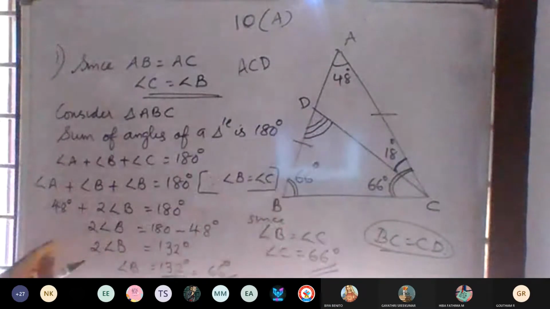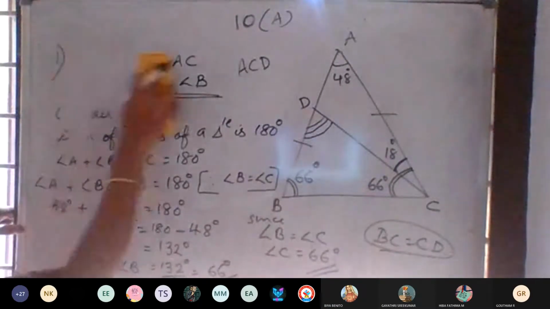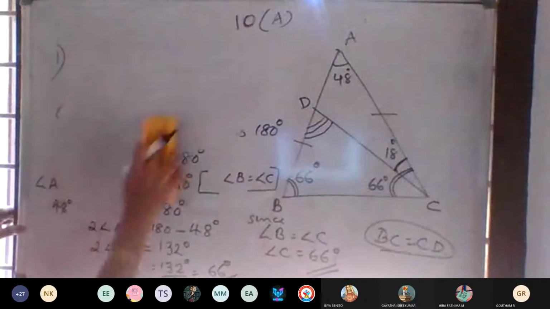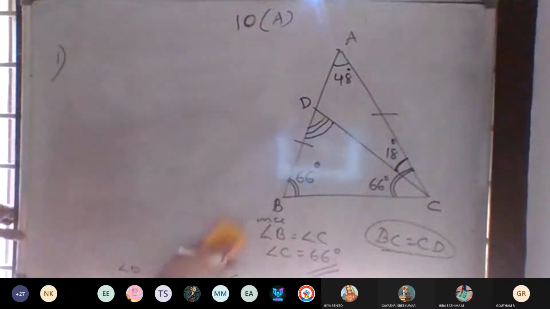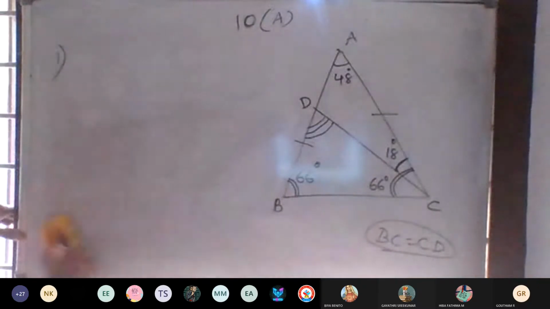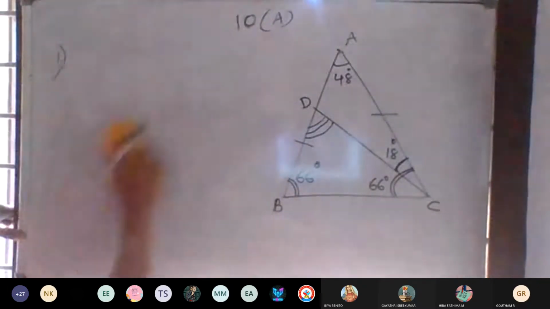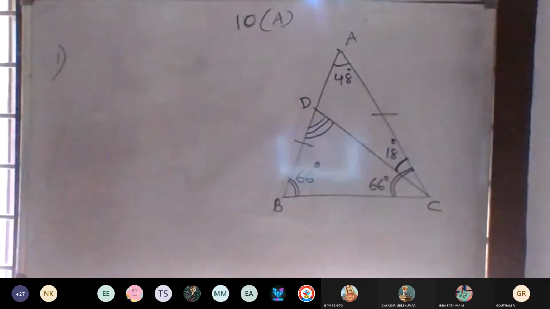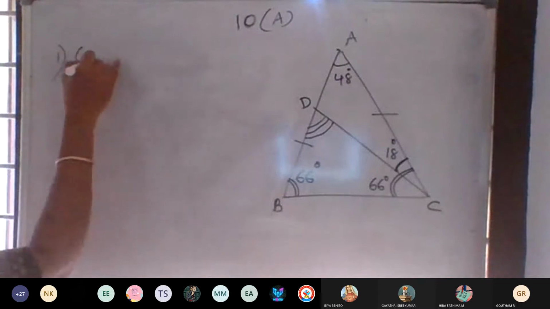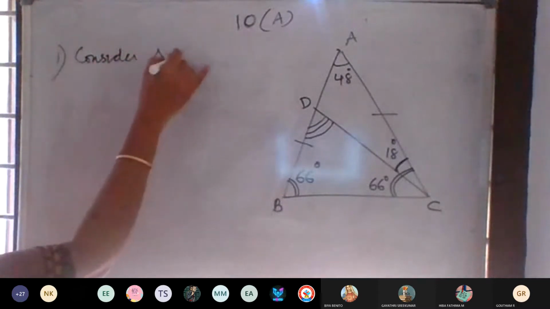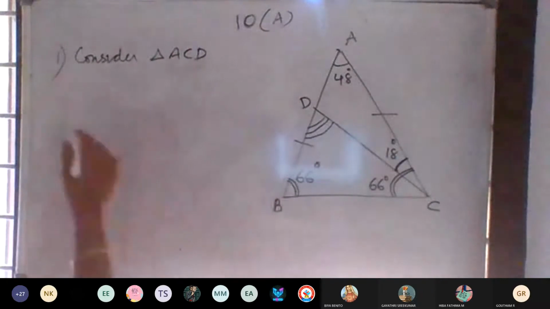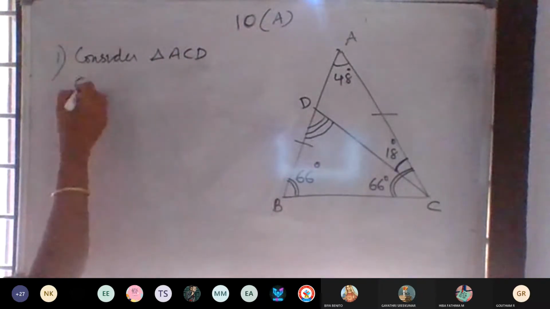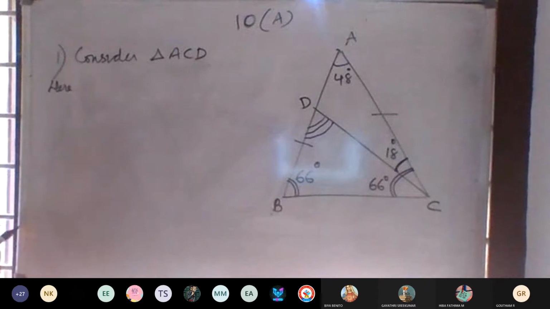I mark 3 lines. So right now consider triangle ACD.